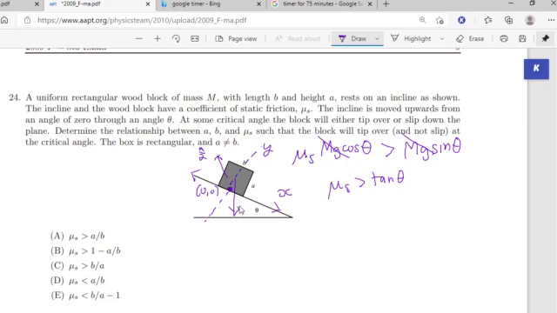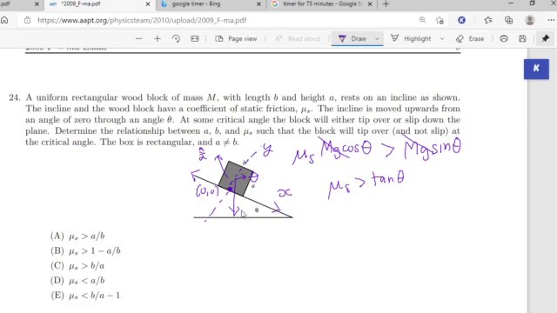dang it, how do I do this? Okay, so then this triangle here is similar to this big triangle, so this angle here is theta.